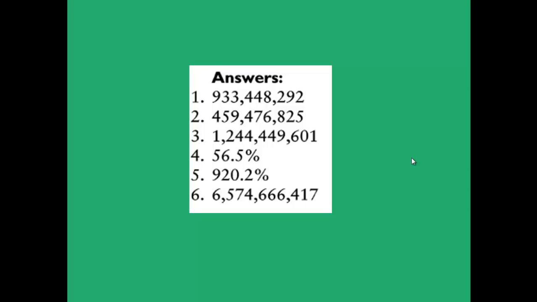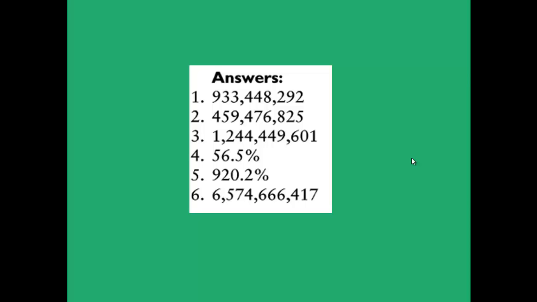The percentage of the world's population living in Asia is 56.5%. Number 5. How much did internet use increase in the Middle East between 2000 and 2007? 920.2%.